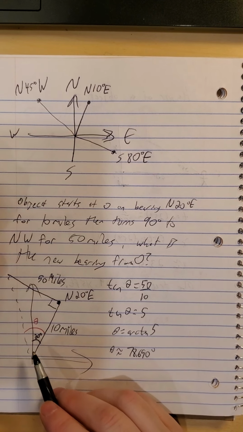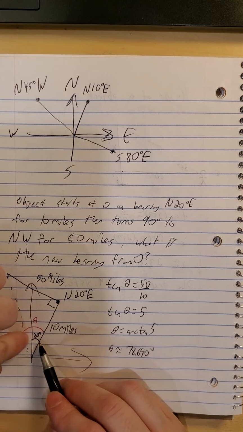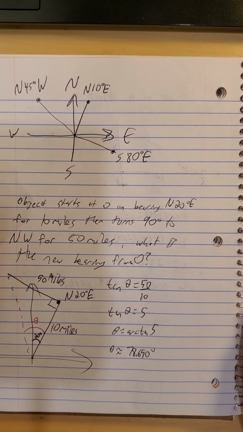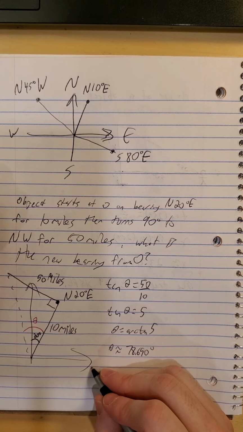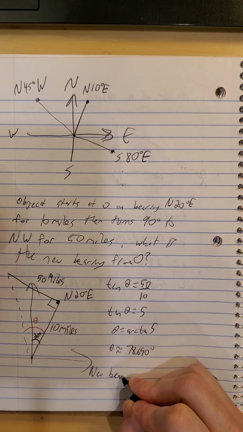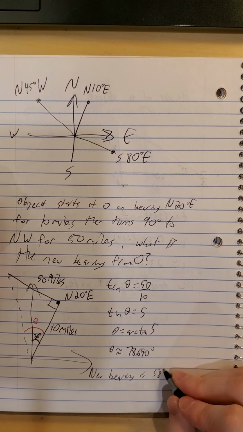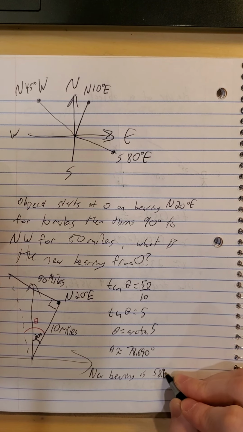But remember, 20 of those degrees are used up going in a different direction than our bearing from 0 here. So I'll take 20 degrees off of that, and then the new bearing is 58.690 degrees.